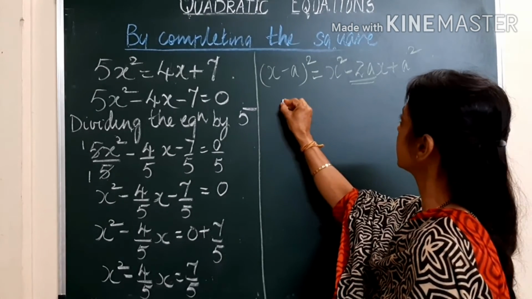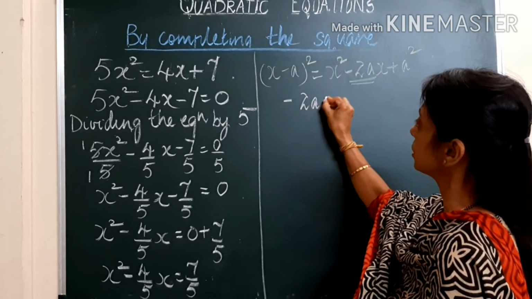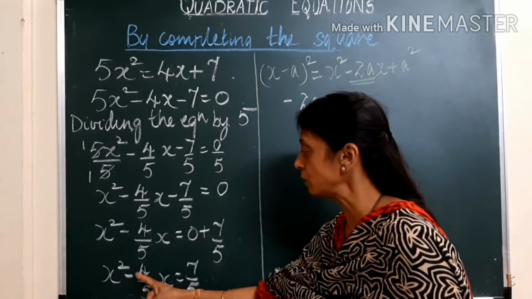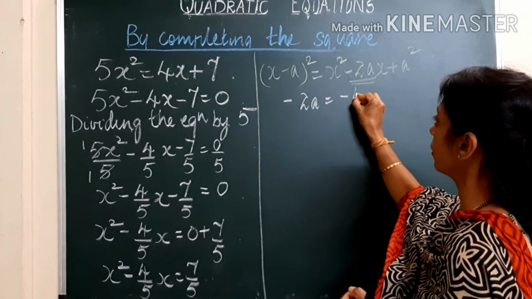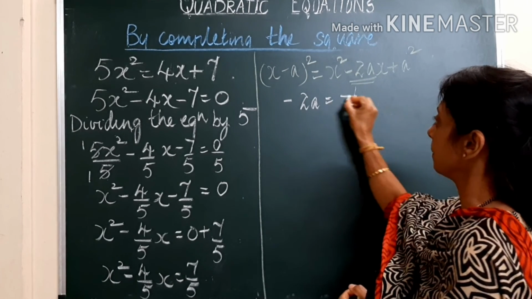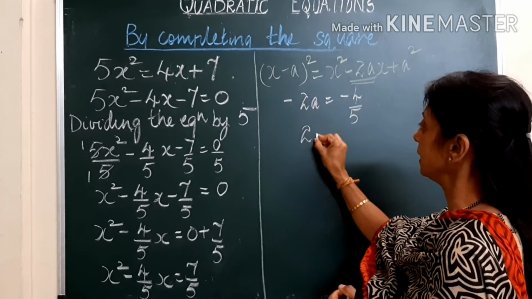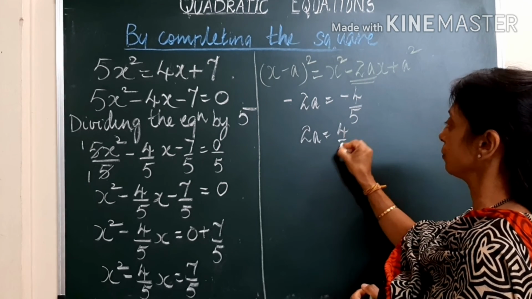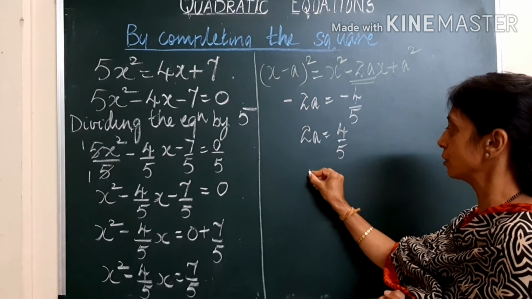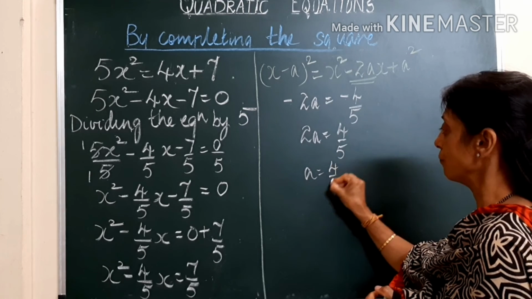Ultimately for getting the value of a square, that is the last term. So let's continue, children. Minus 2a will be equal to minus 4 upon 5. Minus on both the sides, you can get rid of them. So you are ultimately left with 2a is equal to 4 upon 5. So a will be equal to 4 upon 5.